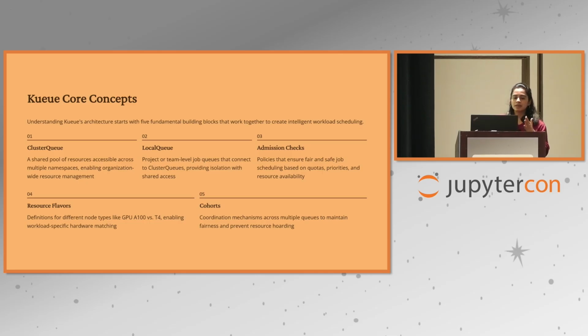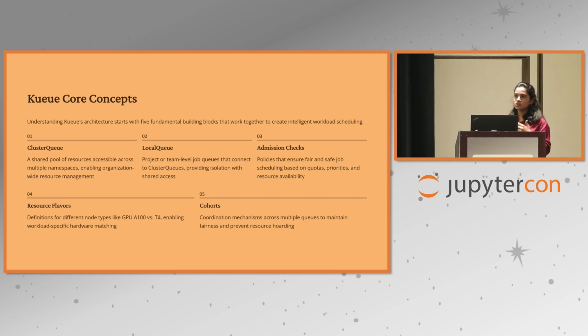As you can see, there are cluster queues, local queues, admission checks, resource flavors, and cohorts. The queue architecture is based on these five fundamental building blocks, and a shared cluster queue is a pool of resources accessible across multiple namespaces.